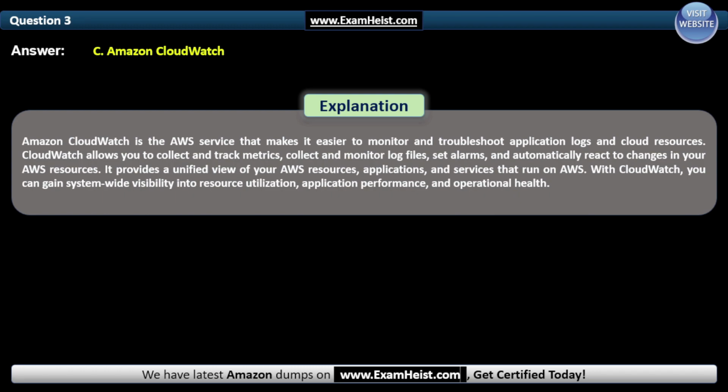CloudWatch allows you to collect and track metrics, collect and monitor log files, set alarms, and automatically react to changes in your AWS resources. It provides a unified view of your AWS resources, applications, and services that run on AWS. With CloudWatch, you can gain system wide visibility into resource utilization, application performance, and operational health.